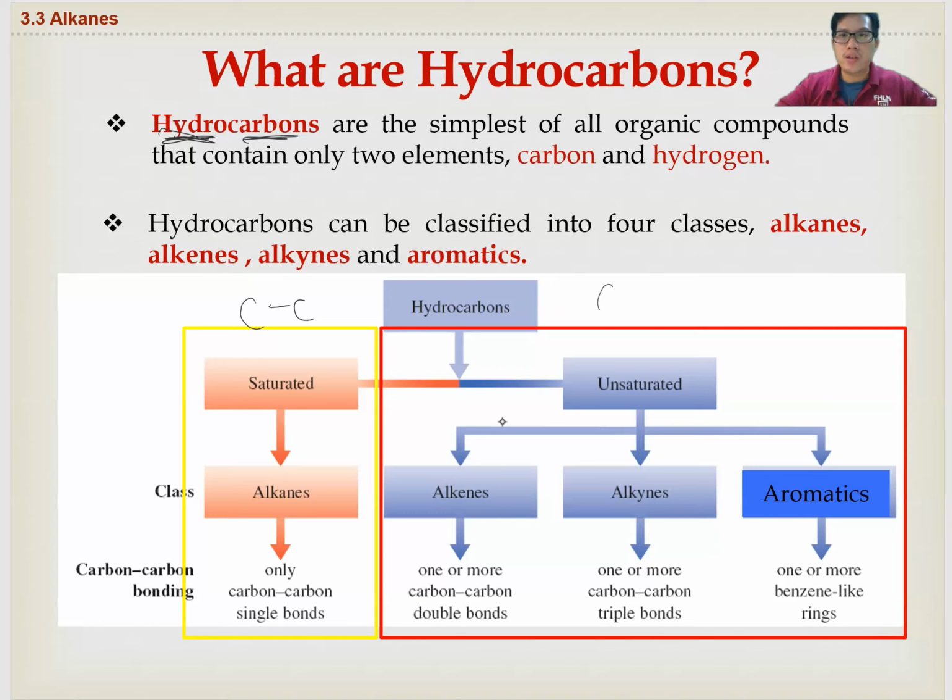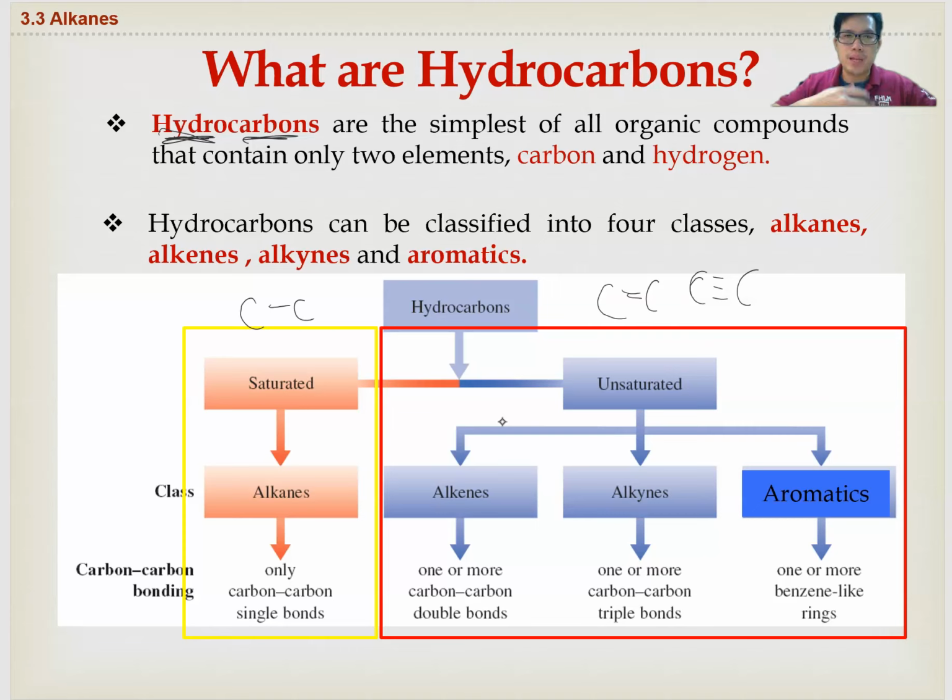This one here is aromatics. The reason why it's called saturated or unsaturated is because if it's saturated, no other elements can be added into the bond. That's why it's called saturated. Unsaturated is when additional elements can be added into the hydrocarbons. I'm going to demonstrate that later.